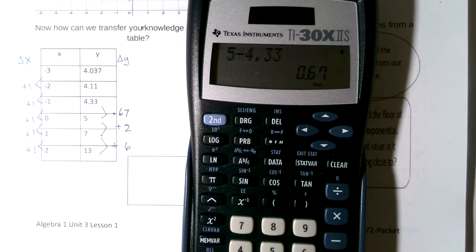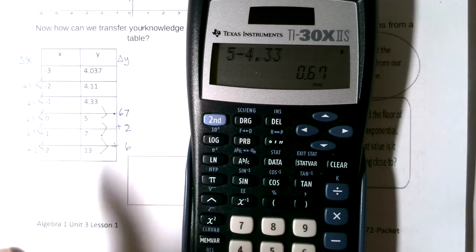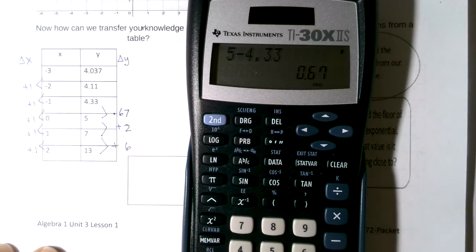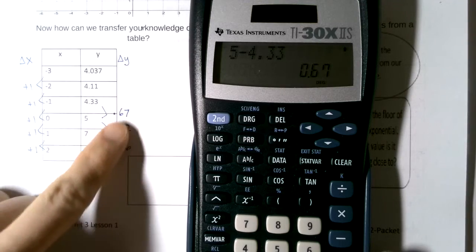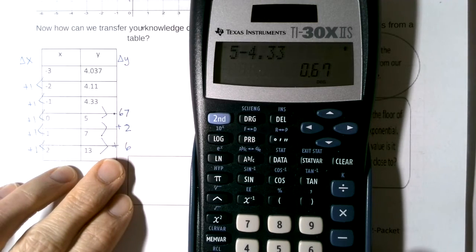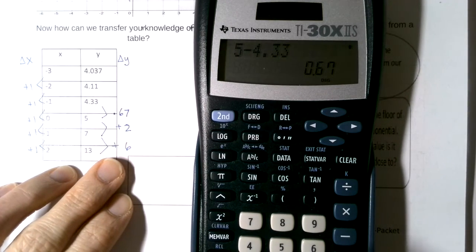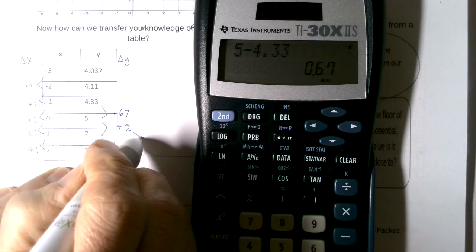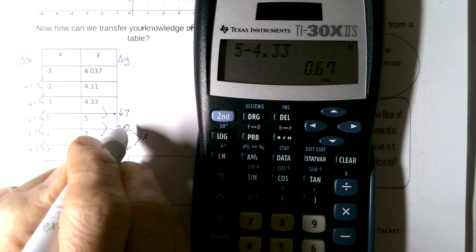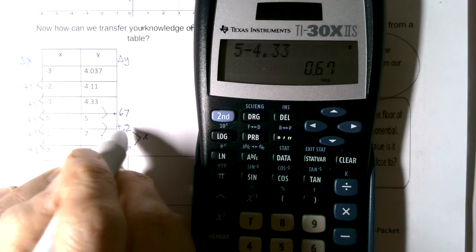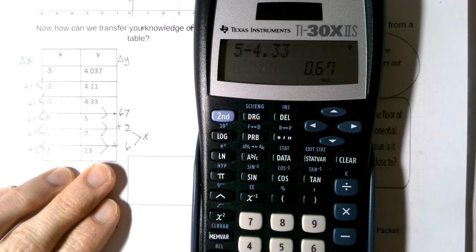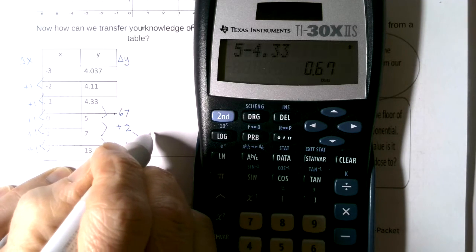Some of you might recognize that as 2/3, so 4.3 repeating. And so when I'm looking at trying to find out what my multiplier is, you can get your multiplier by doing some division. So we're wondering, what would I multiply by to get from 2 to 6? And 2 times 3 gives me 6.